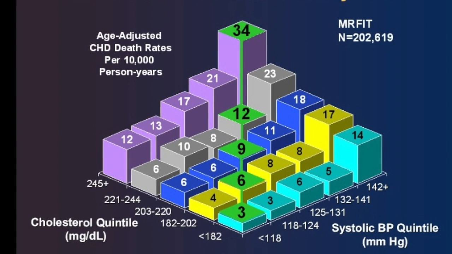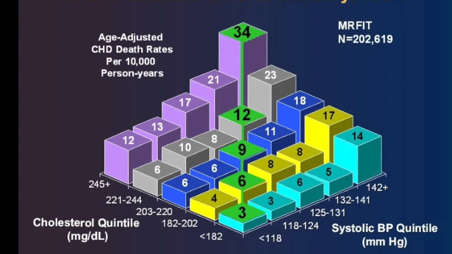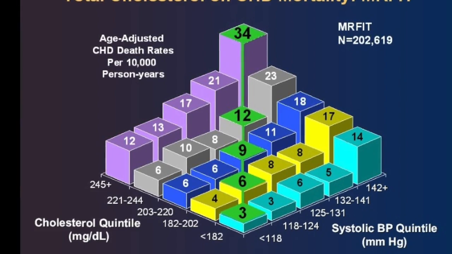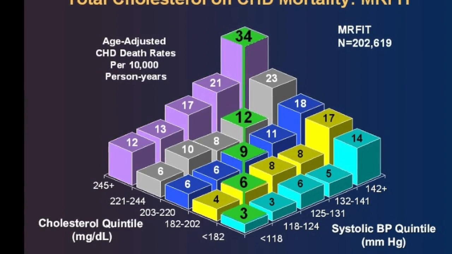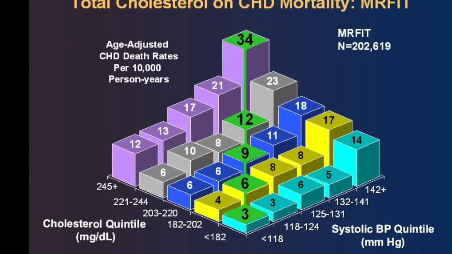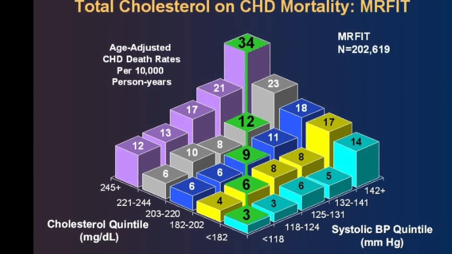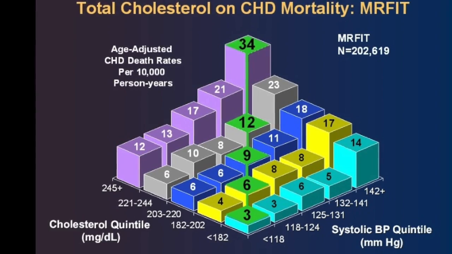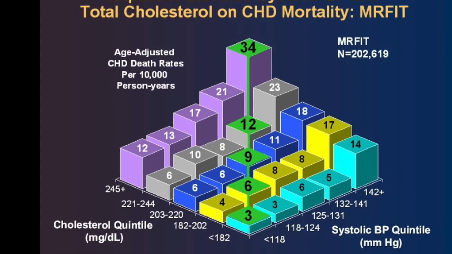The data for treating both blood pressure and lipid aggressively early come from the Mr. Fit data from the 1980s. For instance, if your systolic blood pressure were high, say 145, and your total cholesterol is 250, then your event rate is marked at 34.